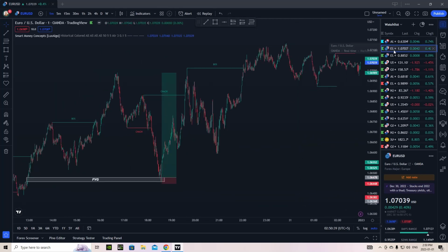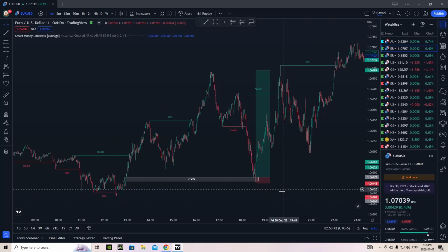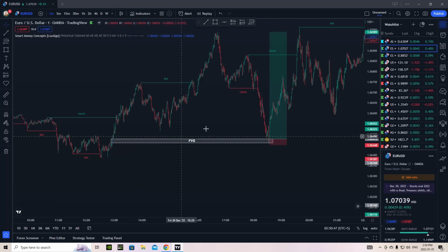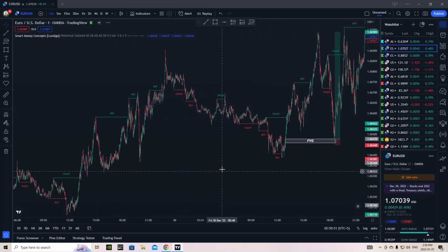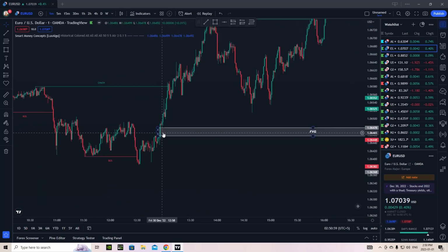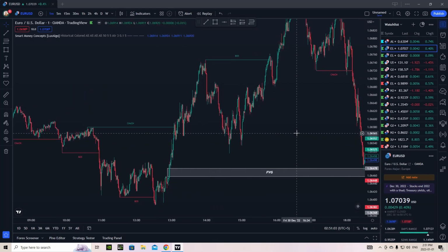We're on the Euro USD, and as you can see, there's also a perfect trade right here. We have a fair value gap, and we have price make what we can say is a liquidity sweep, and we have an order block right here because there was a massive move to the upside.